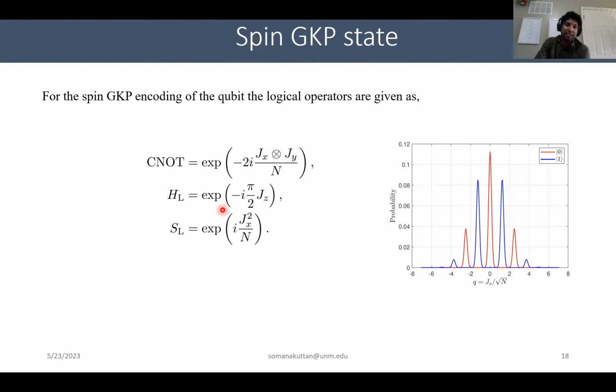Then we have the Hadamard, which is basically the rotation by Jz. And then we have the phase gate, which is basically a Jx squared interaction. These interactions are not very hard to implement and could be easy to implement for this collection of qubits.